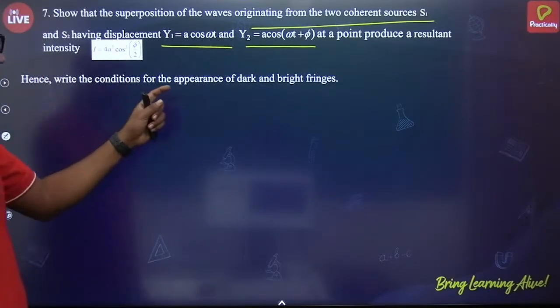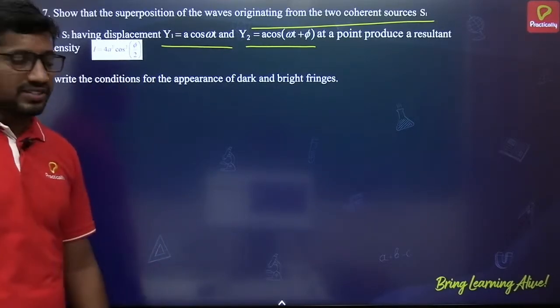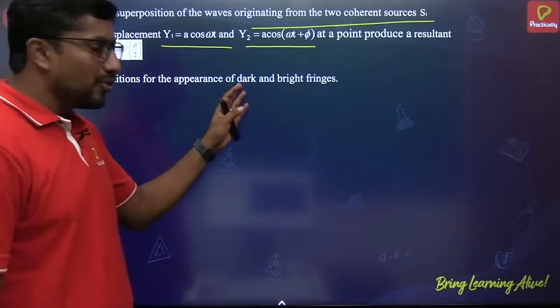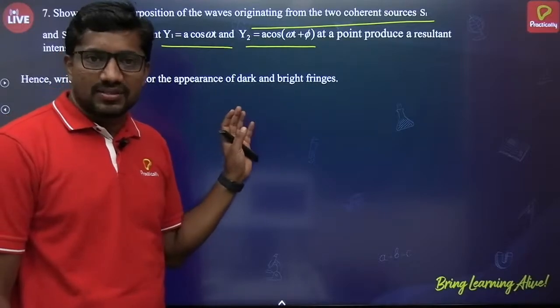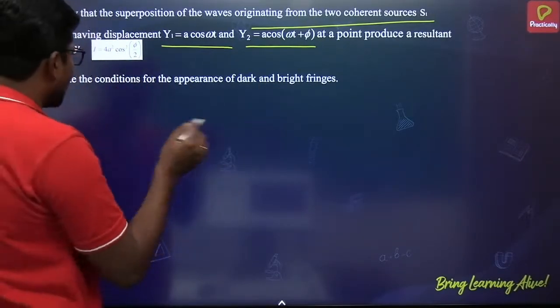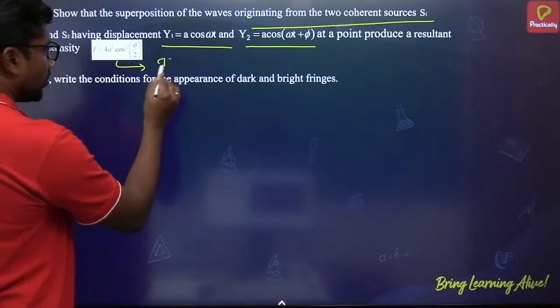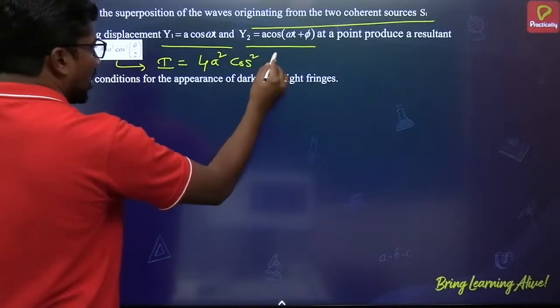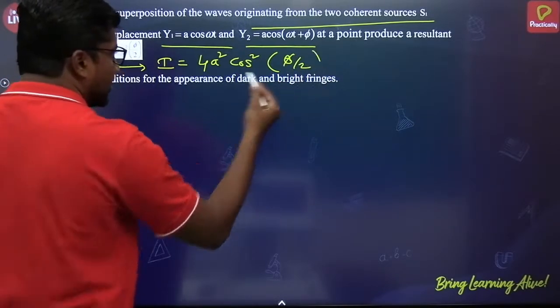Hence write the conditions for the appearance of dark and bright fringes, that means maxima and minima, constructive interference and destructive interference. Okay, fine. So we have to prove it as I is equal to 4a square cos square phi by 2. Let's see here first.